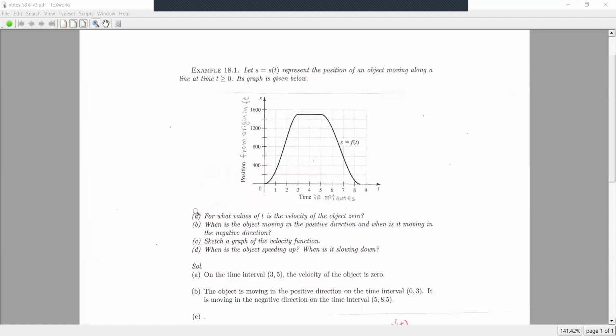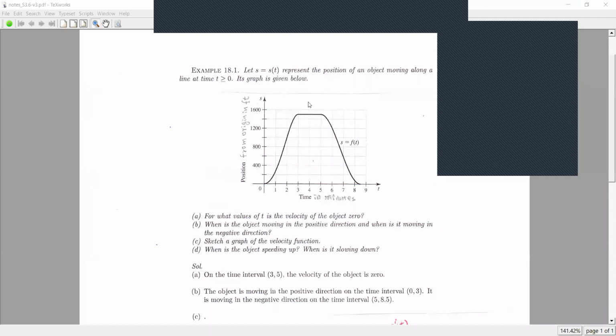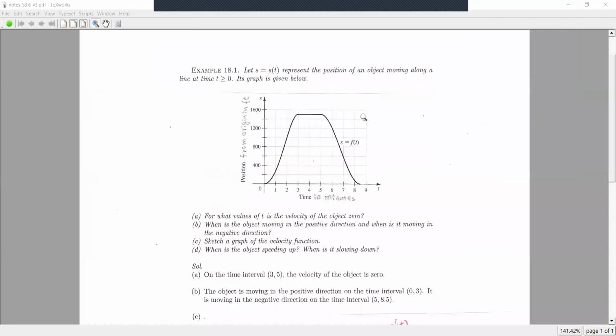Now, part A. For what values of t is the velocity of the object 0? From this diagram, we can see that between 3 and 5, the position of the object is a constant.